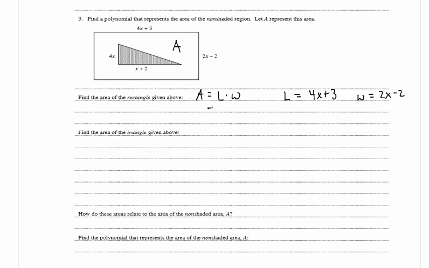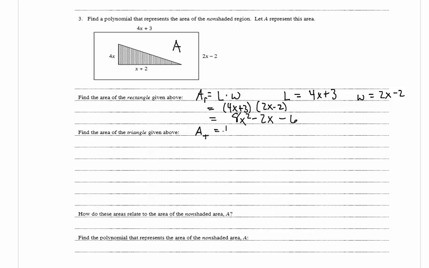So area is equal to 4x plus 3 times 2x minus 2, and this is equal to 8x squared minus 8x plus 6x gives me minus 2x minus 6. And now they want the area of the triangle. And to distinguish between our areas, I'm going to call this area R. And now we have area T.